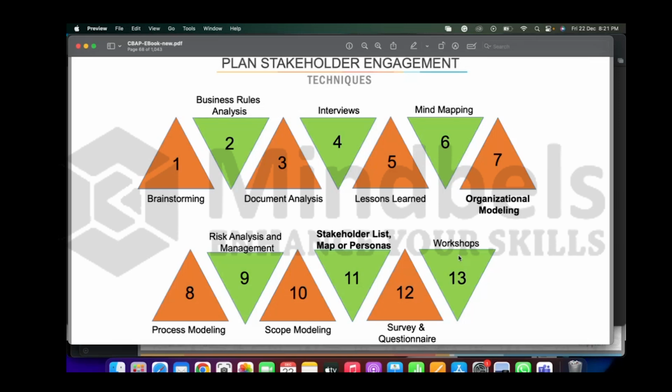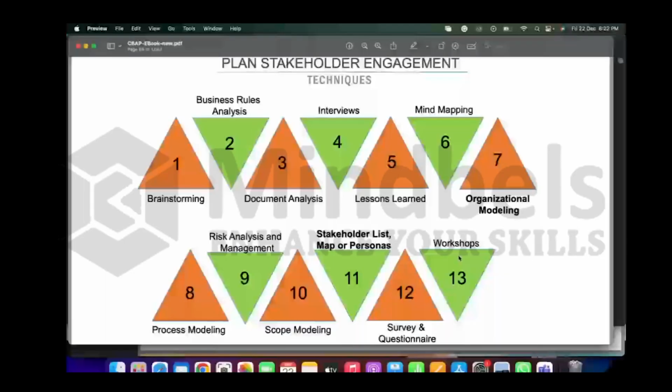They apply the techniques to all of the areas of improvement for that particular problem. Let's take a quick look and then move ahead. Brainstorming, document analysis, business analysis, interviews, lessons learned, mind mapping, organization modeling. All of these are your techniques to plan the stakeholder engagement.